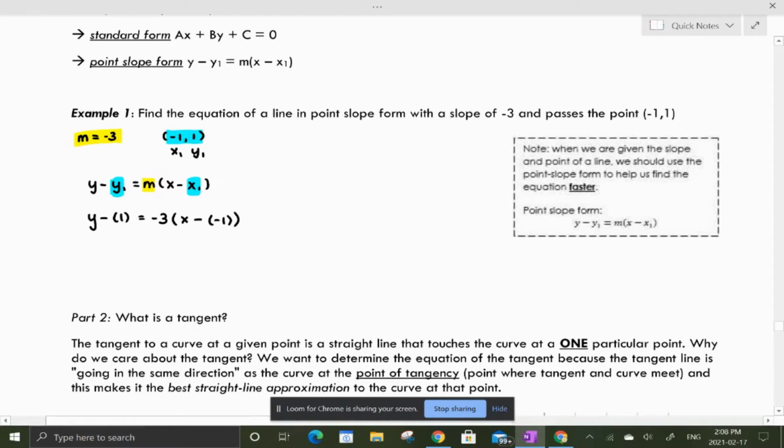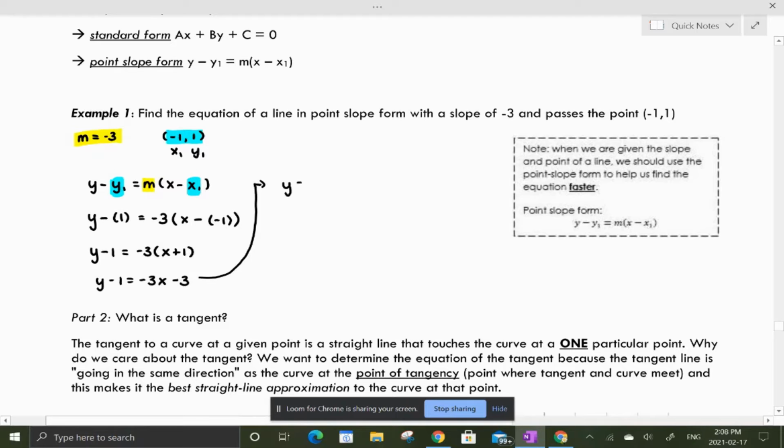Now x and y stay as variables so that when you simplify, your slope-intercept form will have the variables y and x in it. So I'm going to get y minus 1 equals -3 times x plus 1. I'm going to expand and simplify. I'm going to get y minus 1 equals -3x minus 3.